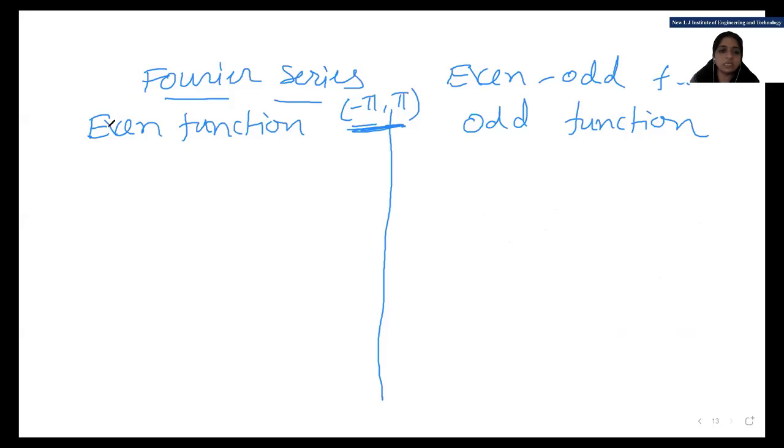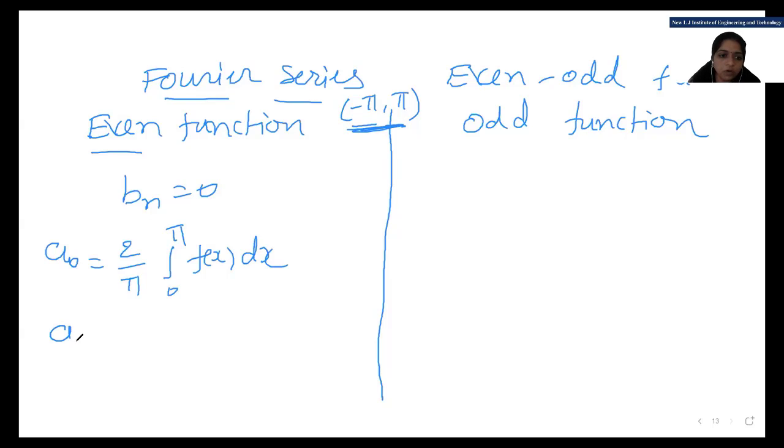So, if your function is even, then you have to directly write bn equal to 0, and the formula of a0 is 2 by pi integral from 0 to pi of f of x dx, and the formula of an is 2 by pi integral from 0 to pi of f of x cos nx dx.